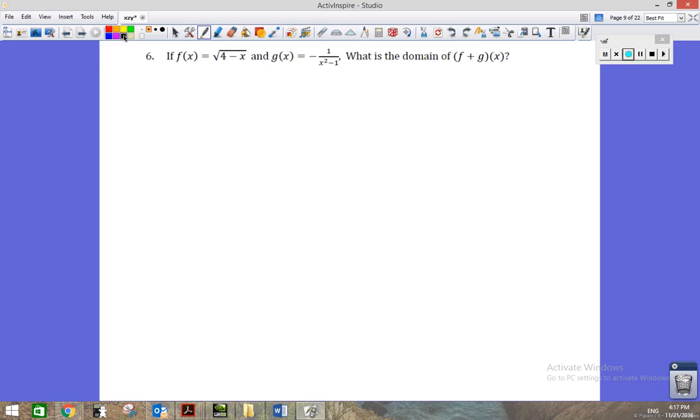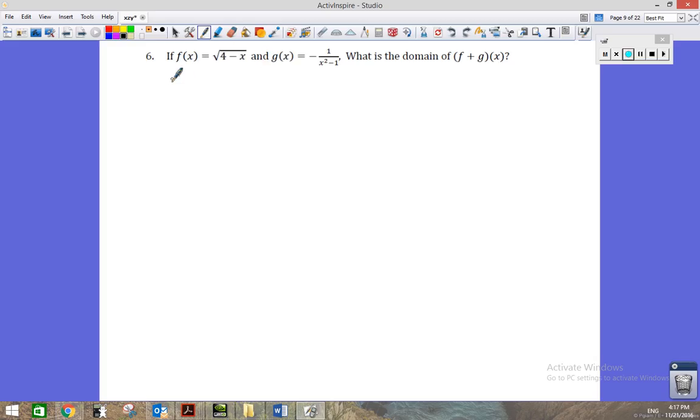To find the domain of any function, given an equation, we say it's the set of all real numbers, excluding any values of x that cause division by 0. I don't have any variables in a denominator in f, so I don't have to worry about that. But I do have a variable underneath a radical, and we have to exclude any values that would cause us to take the square root of a negative number.